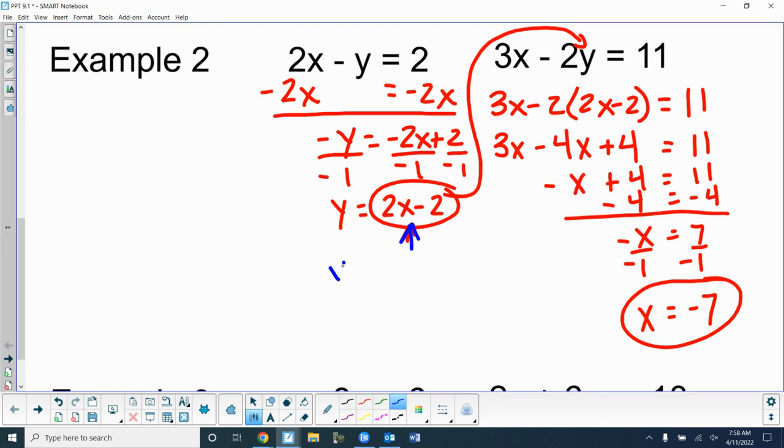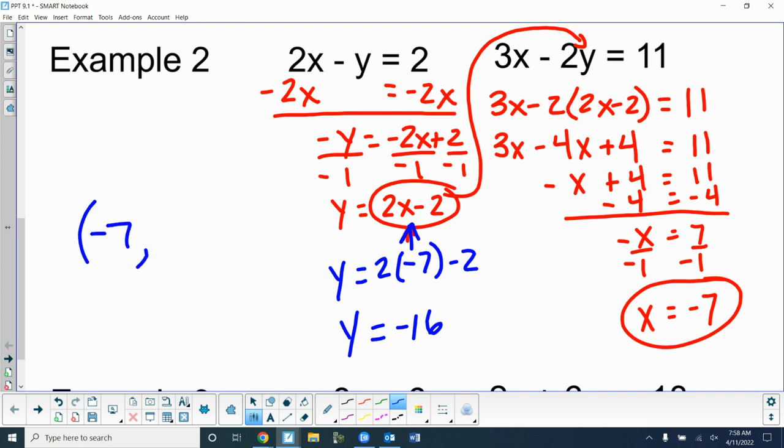So y equals 2 times negative 7, negative 14 minus 2 is negative 16, right? So our ordered pair, x is negative 7 and y is negative 16.